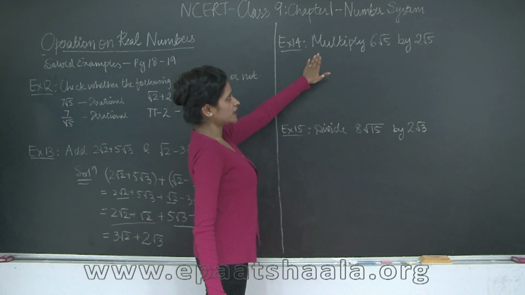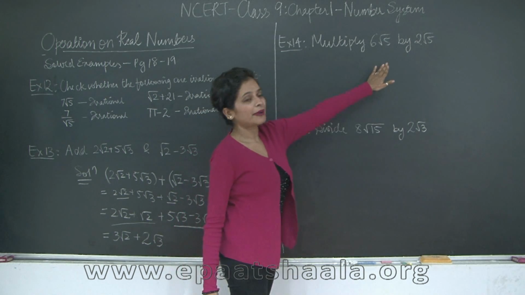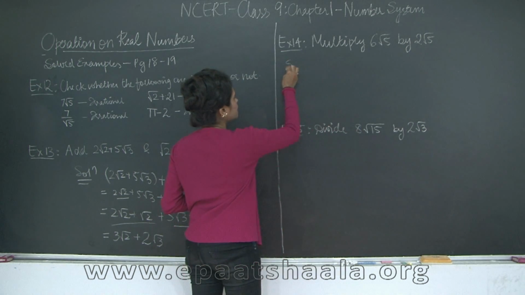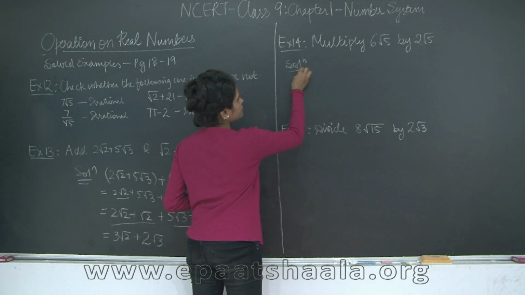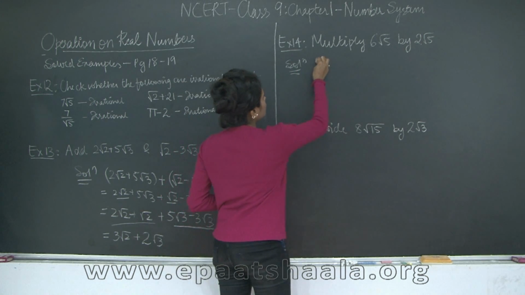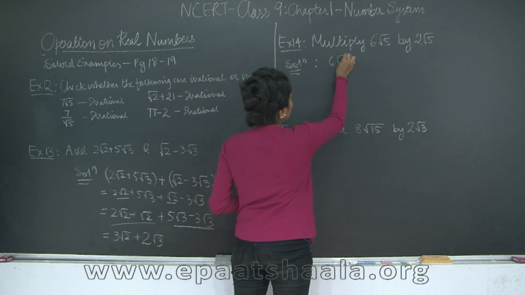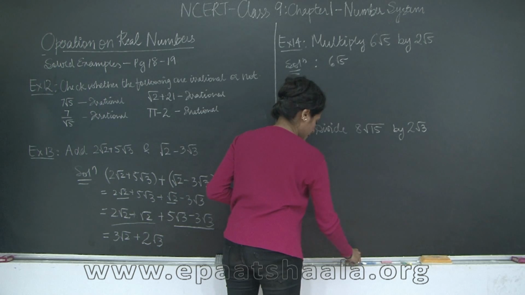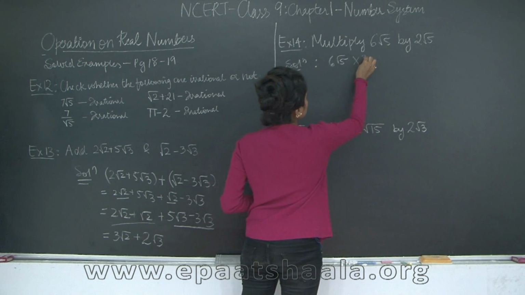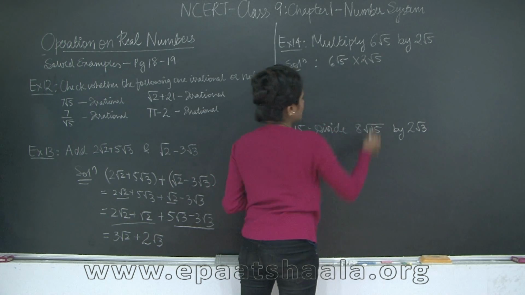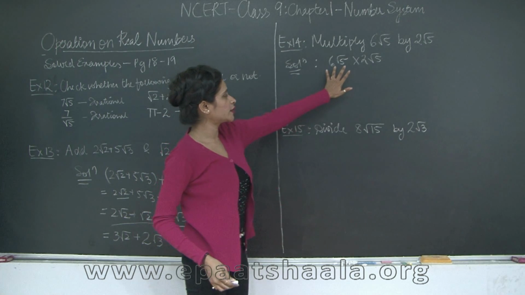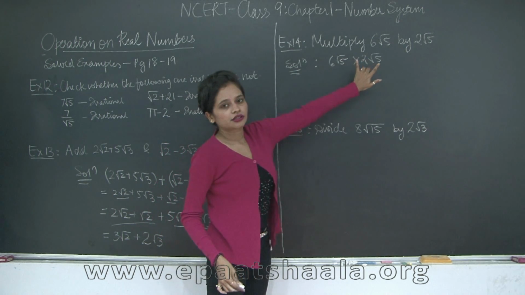Now, the 14th one: multiply 6 root 5 by 2 root 5. So, let us take a look at the solution. We have 6 root 5 into 2 root 5. Now, remember, for multiplication and division you can club the terms under the root.